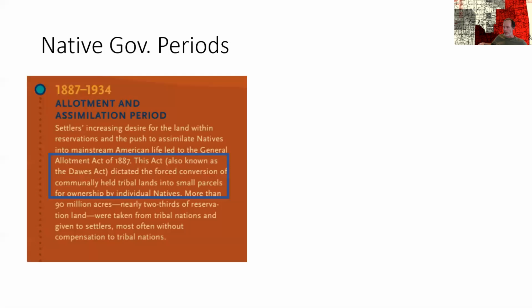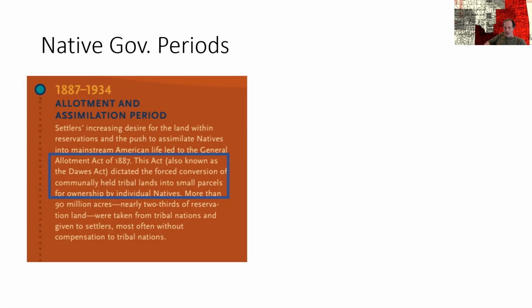We might think of land as held by private entities, although there's actually lots of government land. But this push, this allotment, was to separate out small parcels of land for ownership by individuals, taking away the community owning of the land and giving it to individuals.